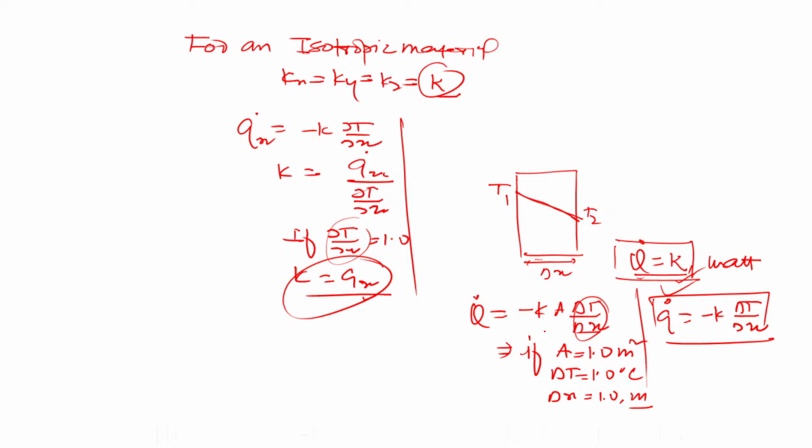Thermal conductivity is equal to the rate of heat transfer through a material of unit area, unit thickness, and across which the temperature difference is unity. Is this clear? More the K, more the rate of heat transfer. Clear to you?